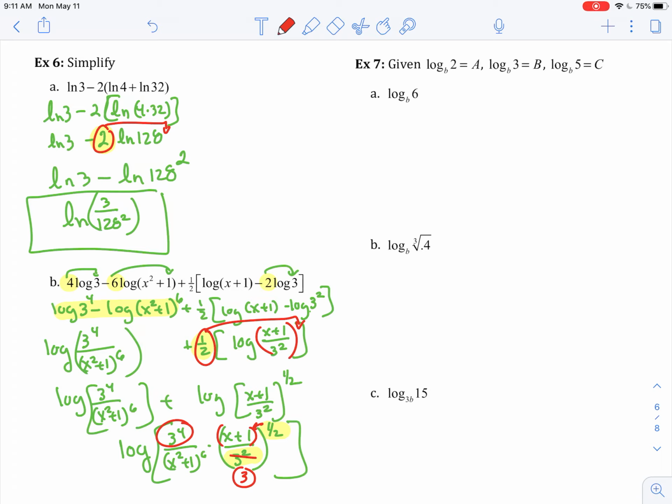And so our final answer would be the log of 3 cubed, or 27, over x squared plus 1 to the 6th, and then times our x plus 1 to the 1/2, for our final answer, where we have simplified that to just one word of log.